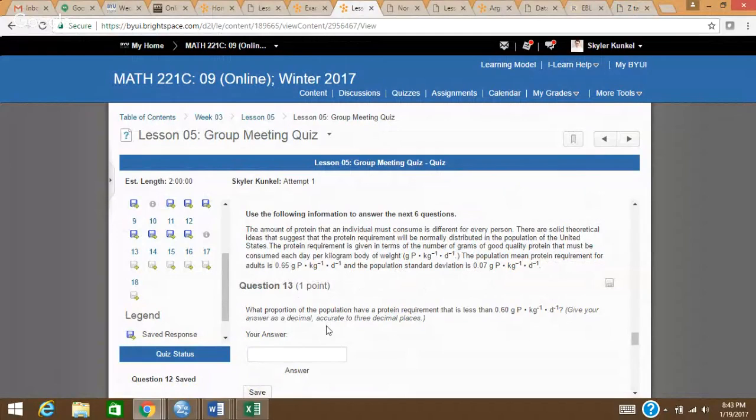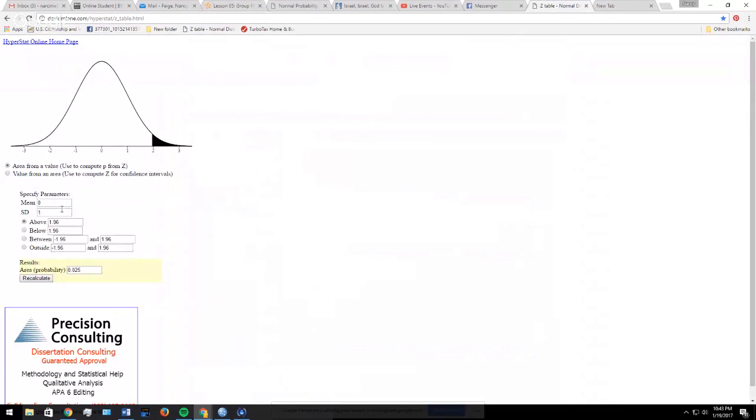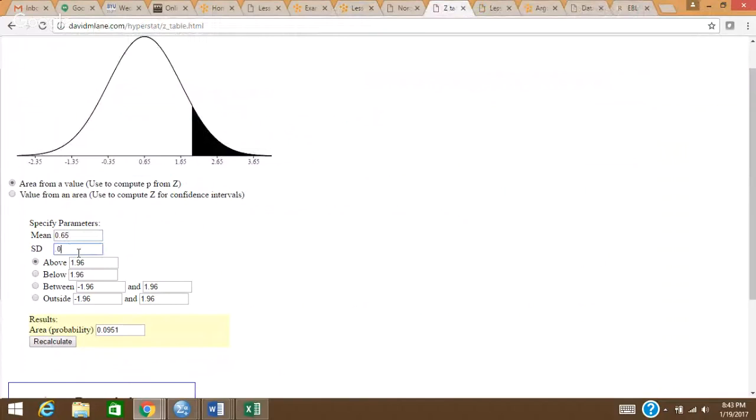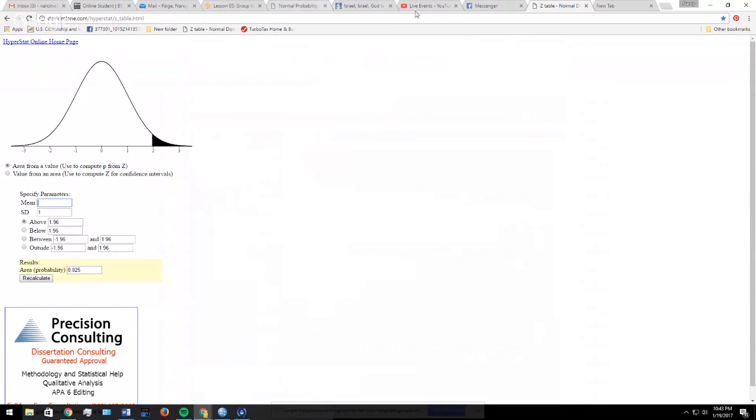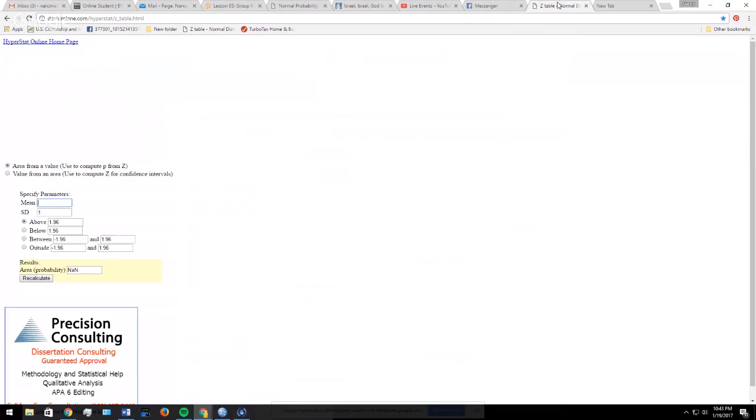The mean is 0.65 and the standard deviation is 0.07. What proportion of the population has a protein requirement less than 0.60? Okay, let's go back to the graph. We're gonna put in the mean. What's the mean? The mean is 0.65. And what's the standard deviation?